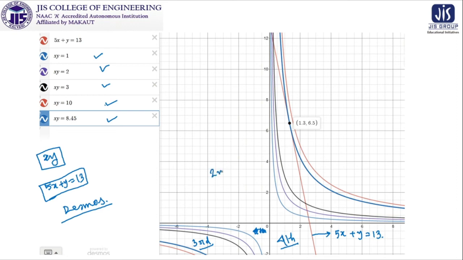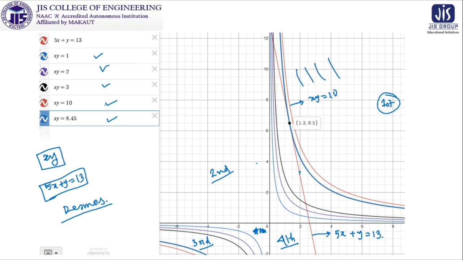Similarly, in this second quadrant, no one is here. Ultimately, when this straight line will cut, there will be some part in the second quadrant, but as this is not there, there is no question of having any common part. So common part is only present in our first quadrant. Now look at this. When you are having this straight line and this red line is nothing but xy is equal to 10, so more than 10 will come here, come here, come here.